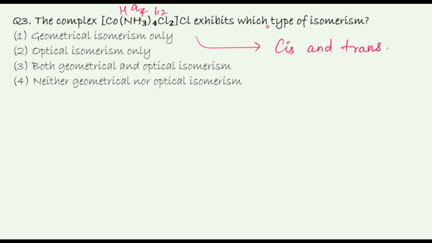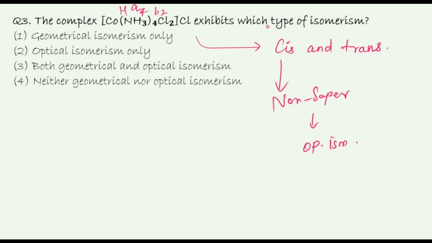Cis means the B groups are on the same side, and trans means the opposite side. Out of these, cis can form non-superimposable mirror images, so it can exhibit optical isomerism.